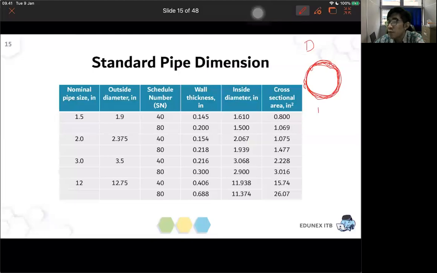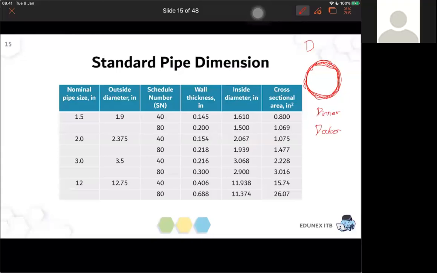So it will have a value of inner diameter and a value of outer diameter. Which diameter do you need to use in calculating the Reynolds number? Is it inner or is it outer? The inner, sir. The inner, correct. Because the fluid will be flowing inside the pipe, right? So the calculation of Reynolds number will be based on the inner diameter.